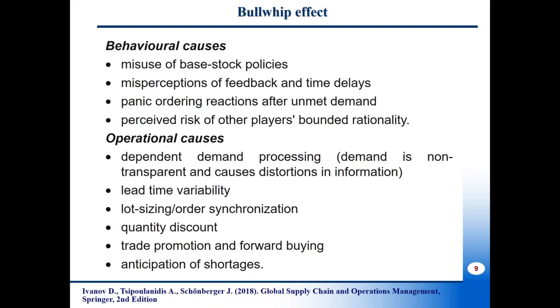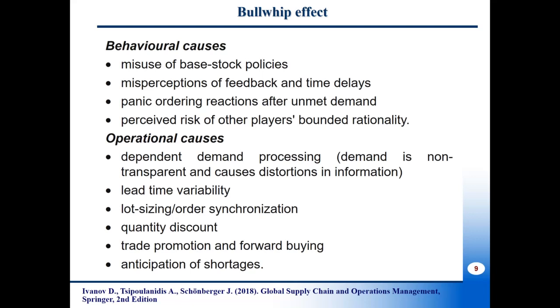Second, about misperception of feedback and time delays. Some members of the supply chain do not adequately account for time delays when ordering, and therefore expect faster transportation. Third, panic ordering reactions after unmet demand.